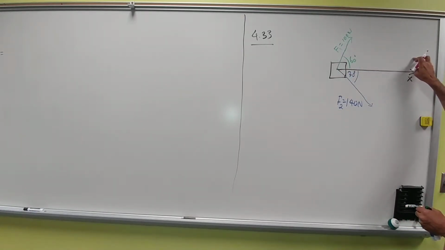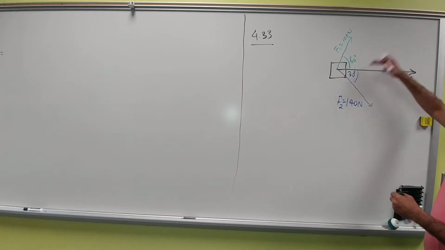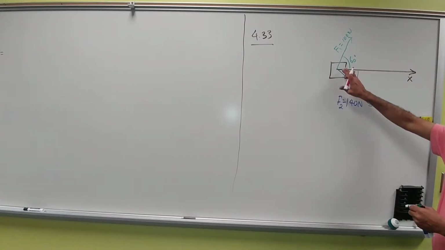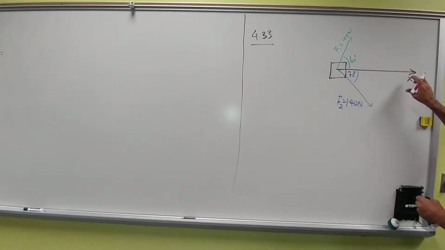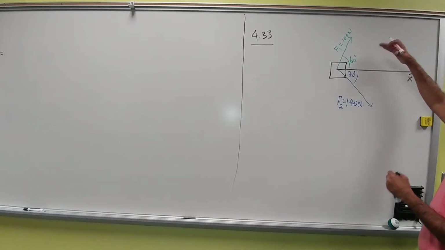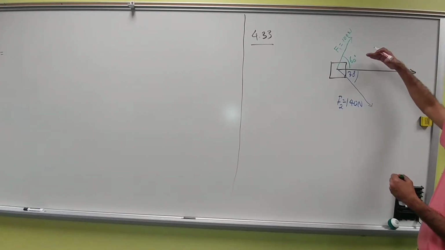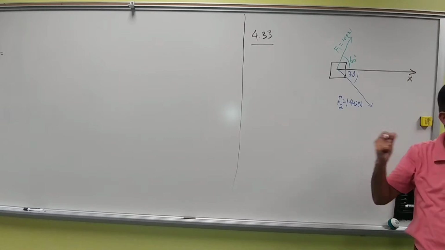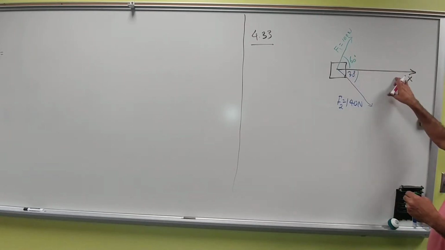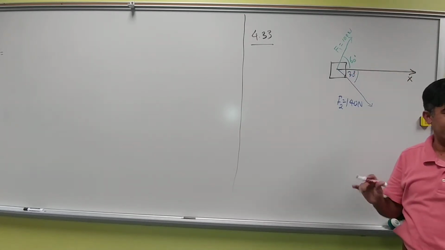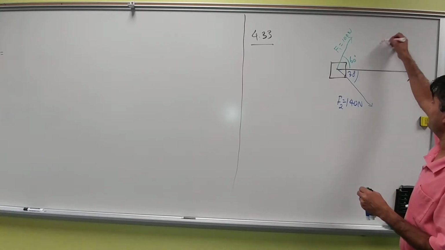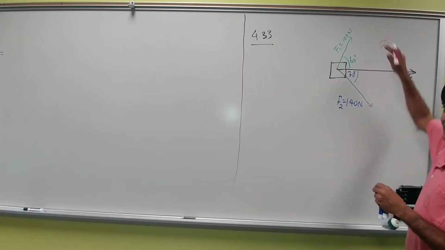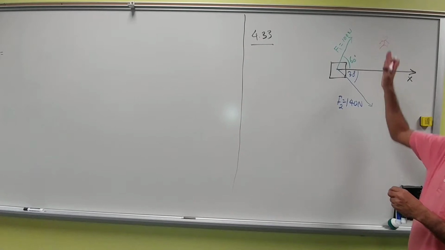So the child has to not let it go, because this cart has to go in this direction. So the child has to push with at least a certain force, so that it goes in this direction. That's what the question says. So there's another one, a tiny little child. I don't know where it goes, either downward or upward.